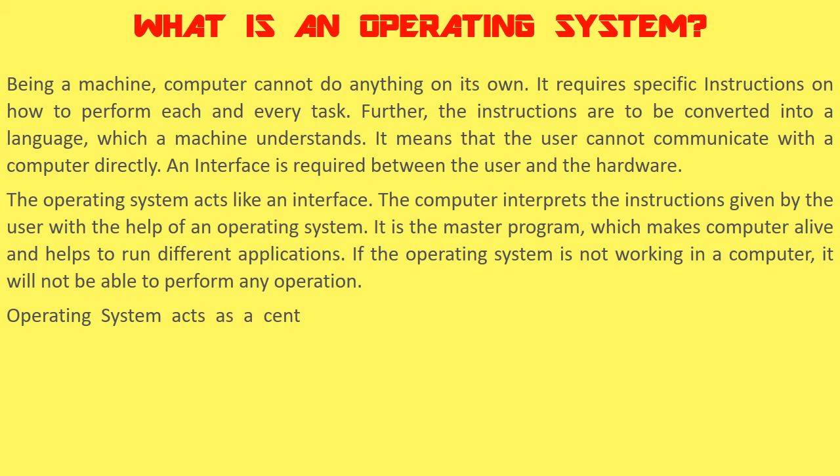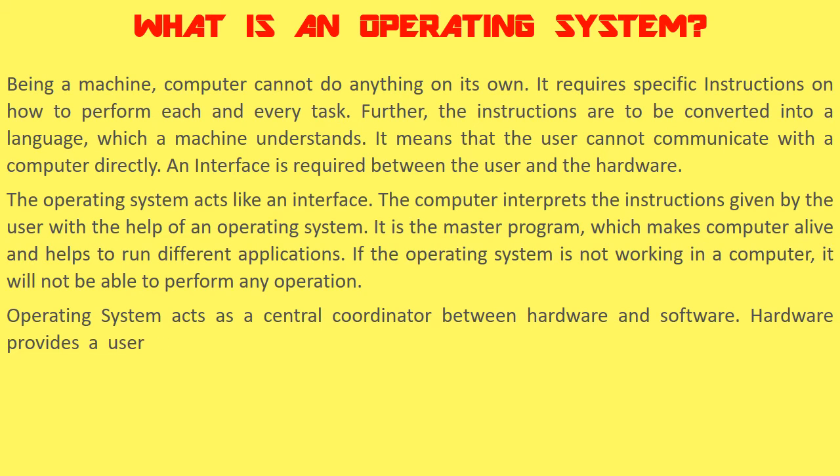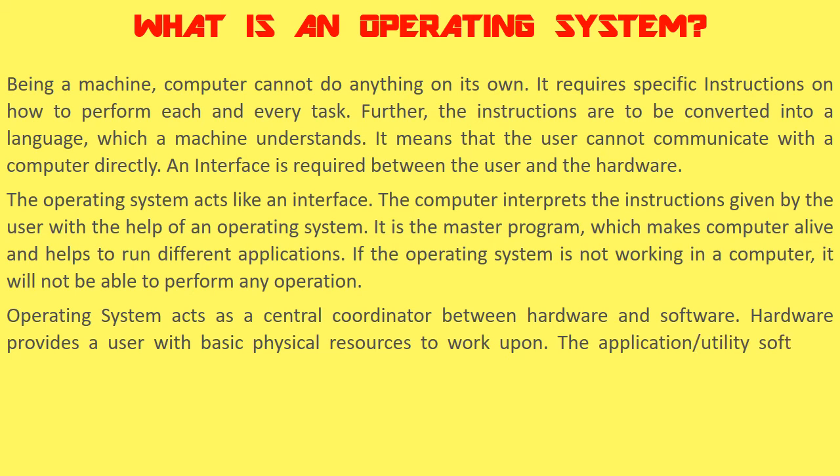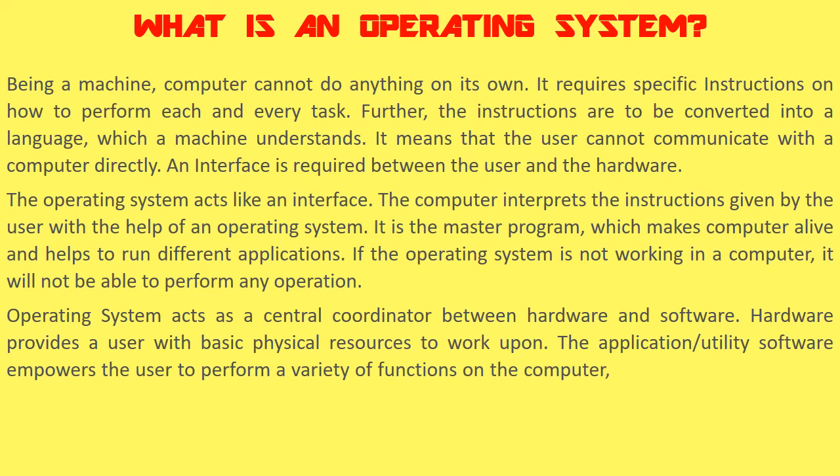Operating system acts as a control coordinator between hardware and software. Hardware provides a user with the basic physical resources to work upon. The application and utility software empowers the user to perform a variety of functions on the computer, such as solving problems, creating documents, playing games, etc.